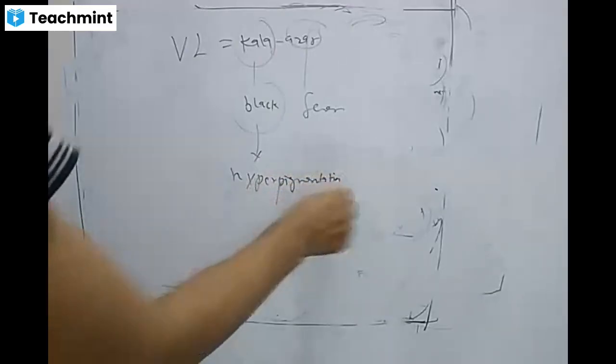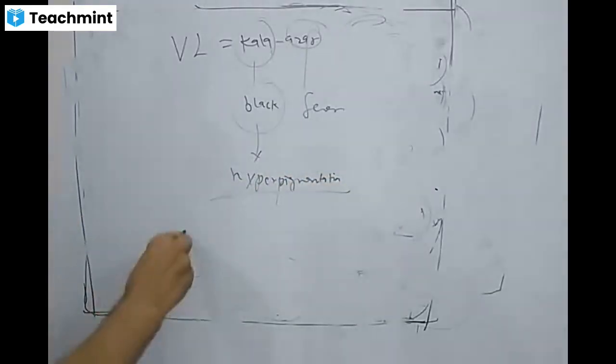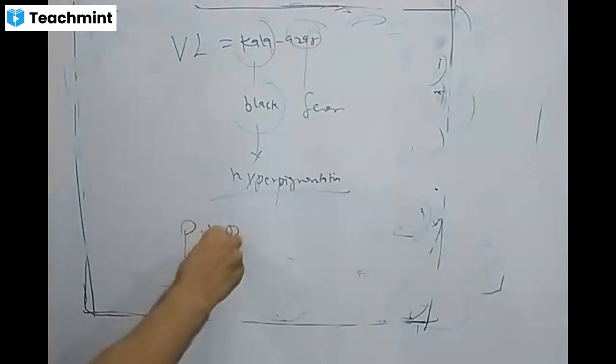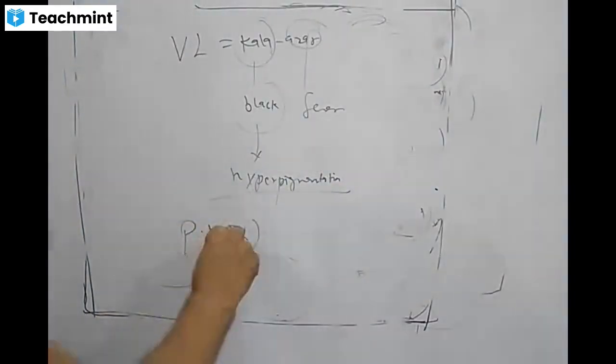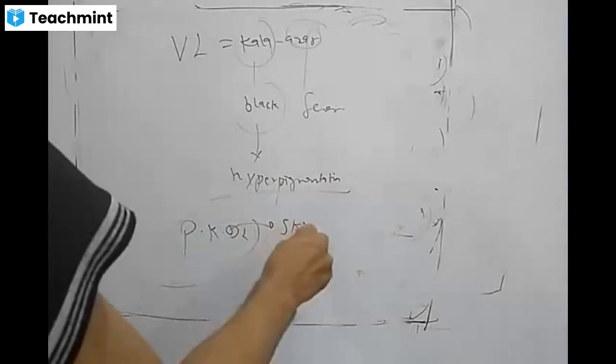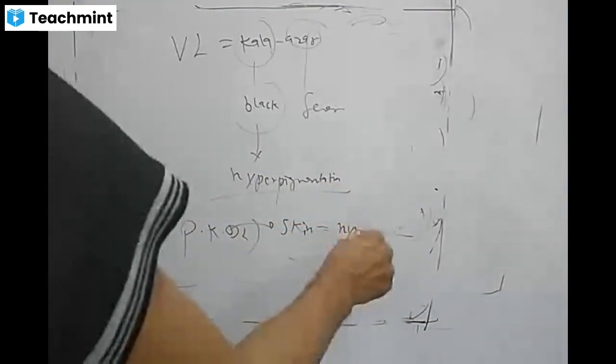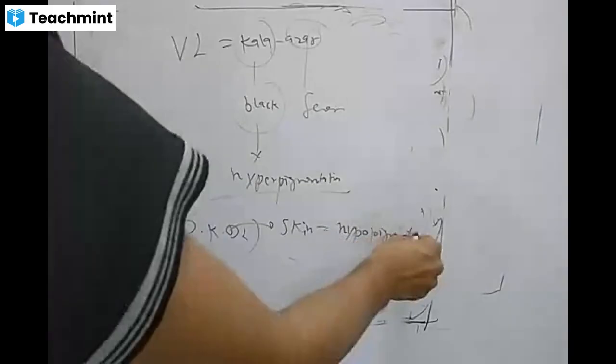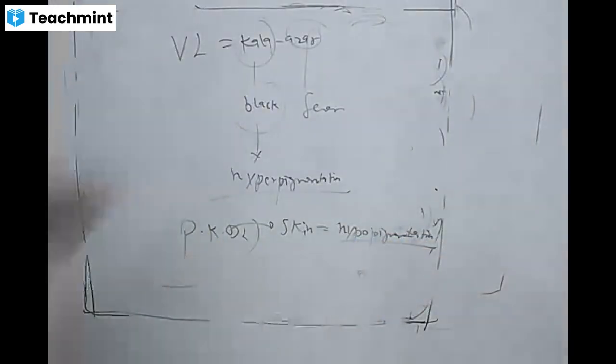But in PKDL, dermal means skin, and there is hypopigmentation. This is the difference between VL and PKDL.